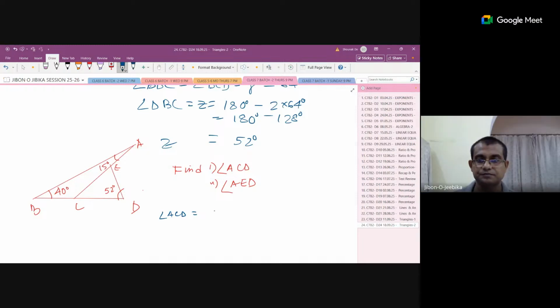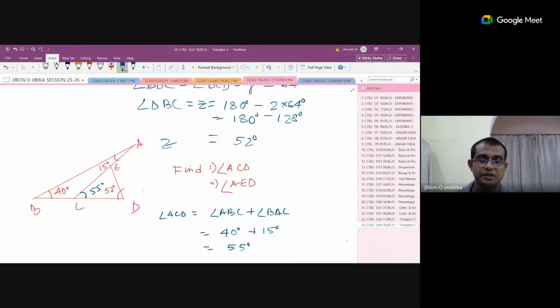So better to write the other two angles first: angle ABC plus angle BAC, as these are the two opposite angles of the triangle. So ABC is 40 degree. So this is 55 degree.